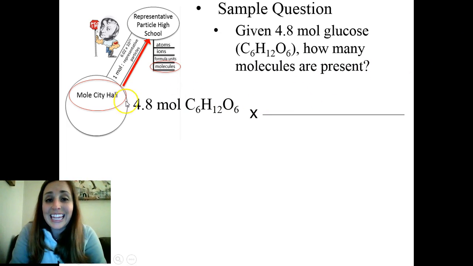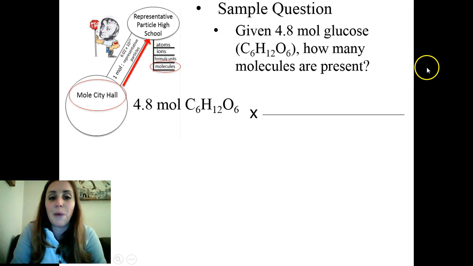So whenever you write anything in your stoichiometric calculations, you always want your number, your unit, and your formula. NUF, number, unit, formula. So make sure you have NUF written everywhere. This doesn't have the formula because it could be anything, and that's something you have to write in to make sure you're canceling things properly.